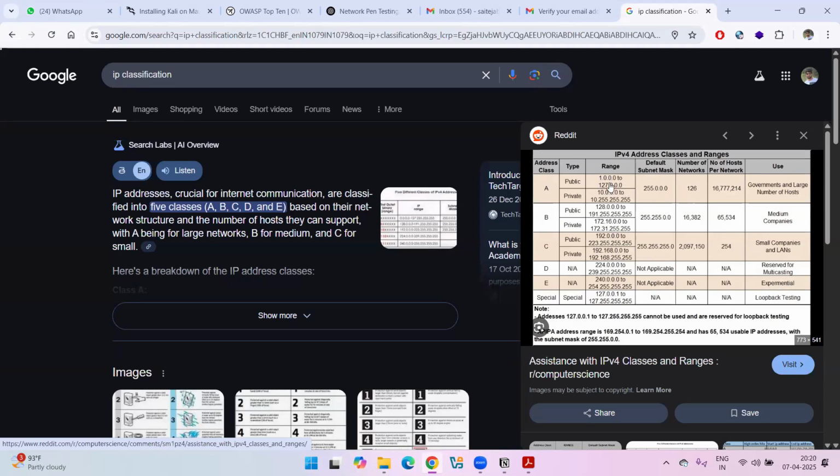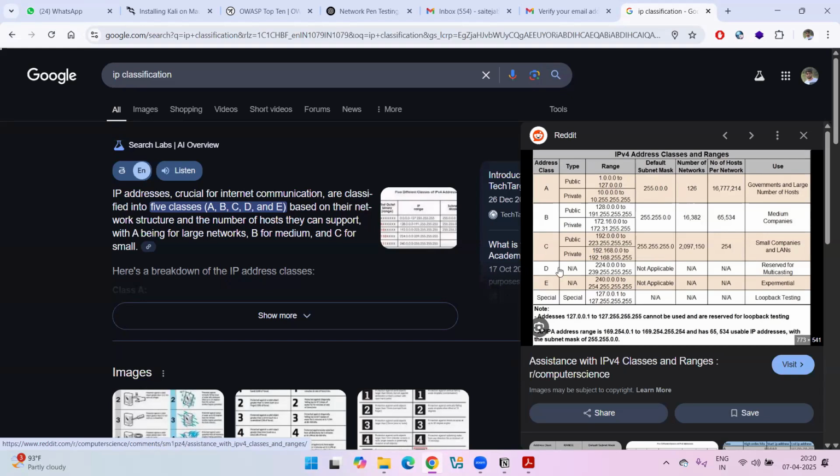The IP range starts from 1 to 255, which means any IP address you take will be in between 1 to 255. That's very simple, right?